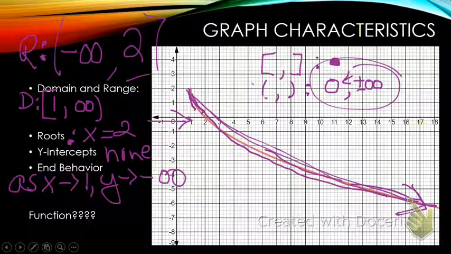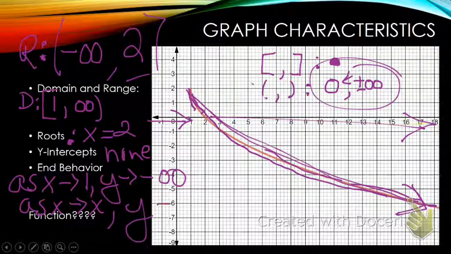Now, as x goes to infinity, as our x values continue, watch what happens. As x goes this way, y is actually going to end at 2. It's going to end right here at 2. So that's what we say. Now, the trick I was talking about is this.